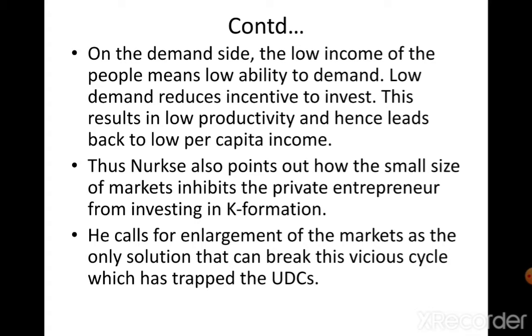So in the same spirit as Rosenstein-Rodin, he says that enlargement of the markets is the only solution that can break this vicious cycle of poverty within which underdeveloped countries are trapped.